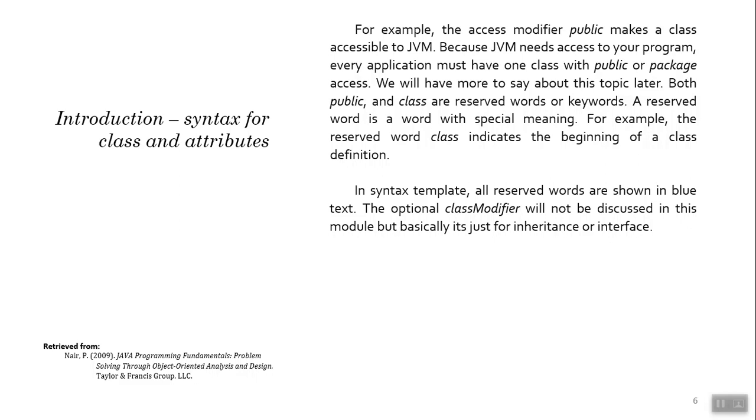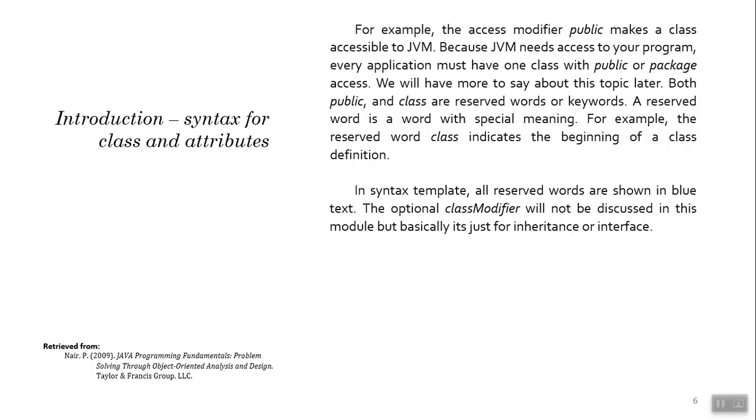So don't practice relying on the color of the text to show that it is a reserved word. You have to recognize all the reserved words that are available in Java. An example of that is public and class. There are more reserved words, and as you practice coding in Java, you'll be able to memorize most of them.